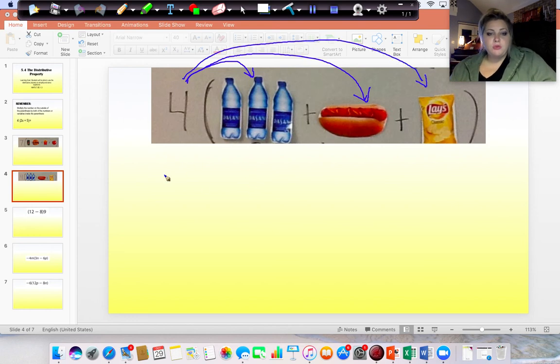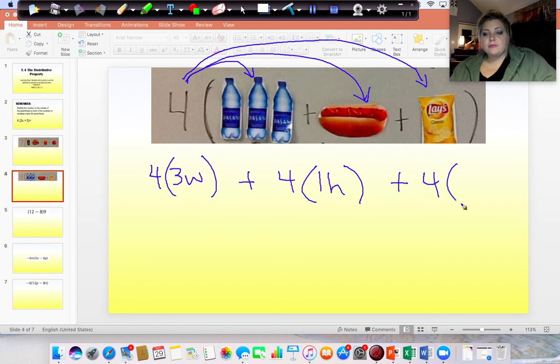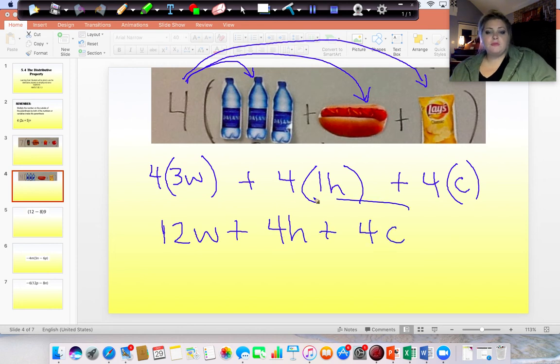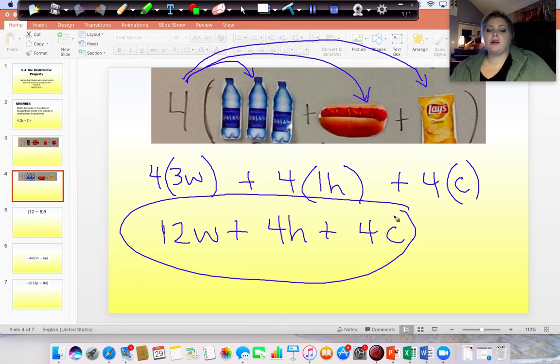So 4 times the 3 waters, that's 4 times 3W, plus 4 times 1 hot dog, 1H, plus 4 times chips, C. 4 times 3W is 12W, plus 4 times 1H is 4H, plus 4 times C is 4C. So this is as far as our expression will go.